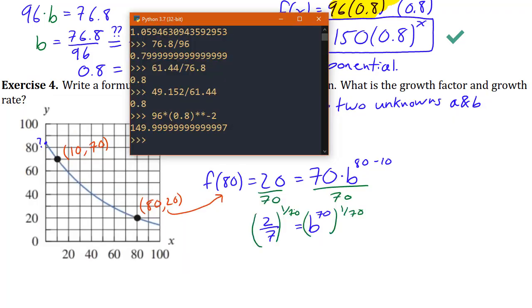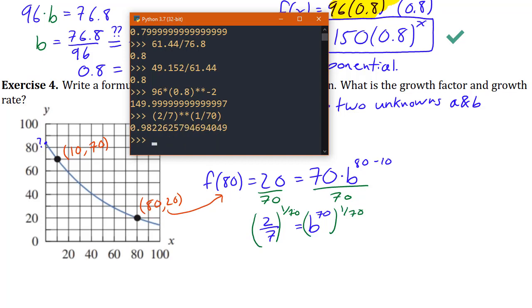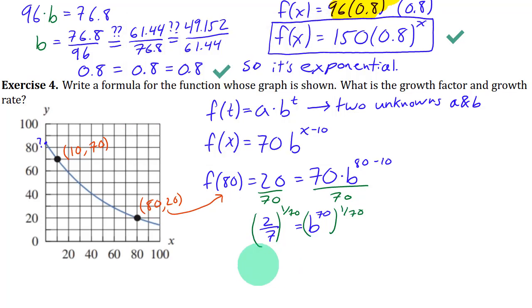And let's see what that comes out to be. Looks like we get 0.98226 is b. And so that's the growth factor.